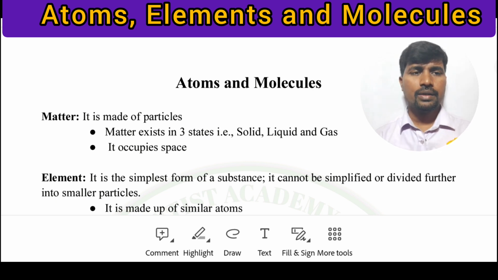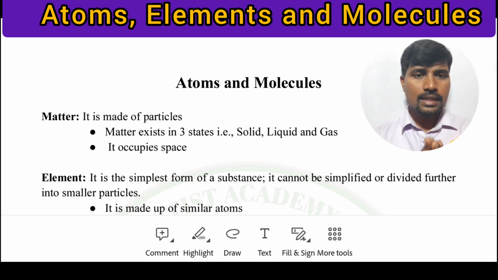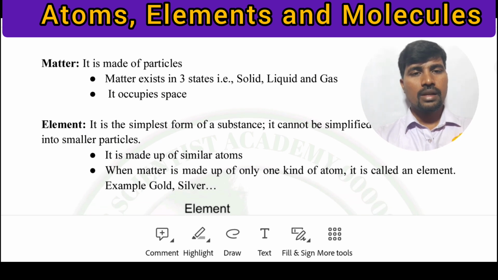What is meant by element? What is meant by atom? A group of similar, same atoms together is an element. It is the simplest form of a substance. It cannot be simplified or divided into smaller particles. It is made up of similar atoms.